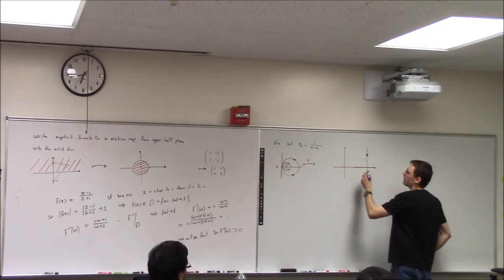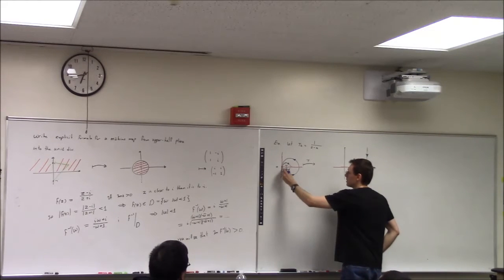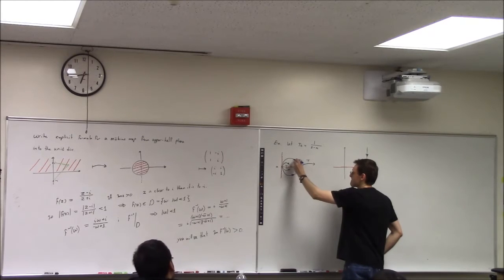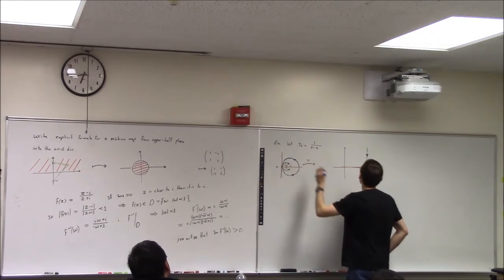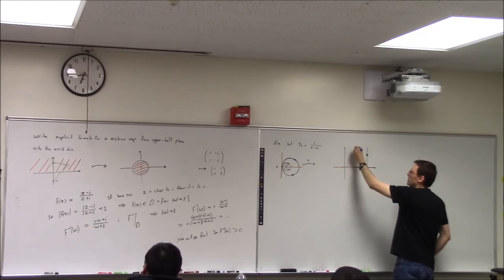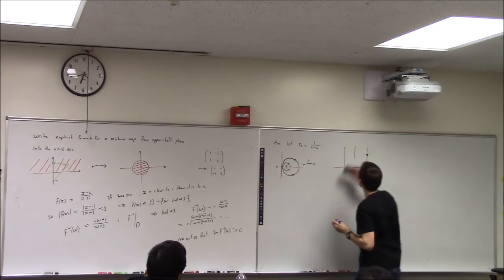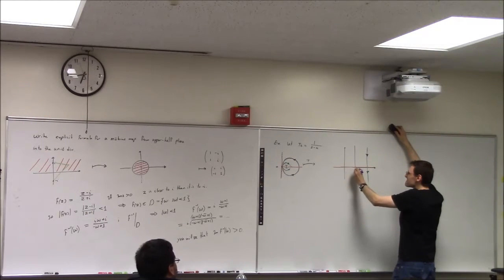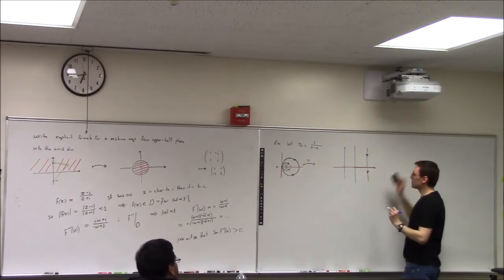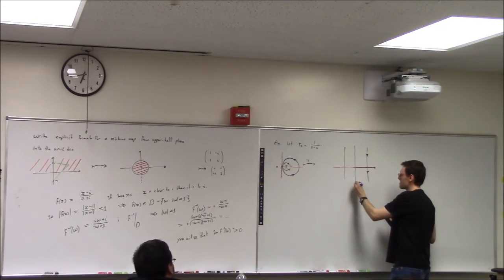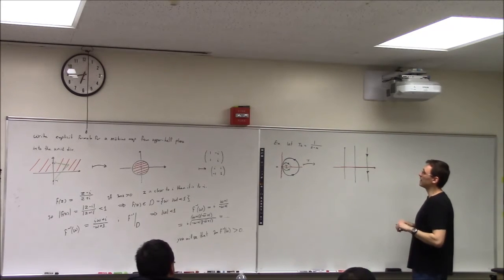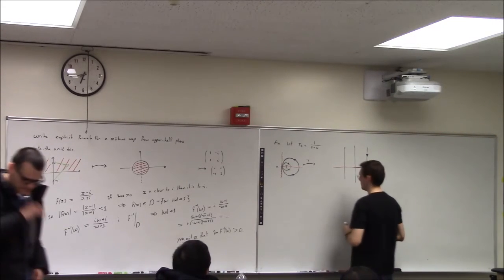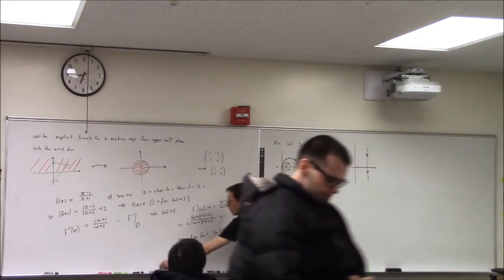So, I don't know which color I should use, maybe this color. So it's going to be mapped closer. I don't know exactly where, but closer. And what can you say about orientation?